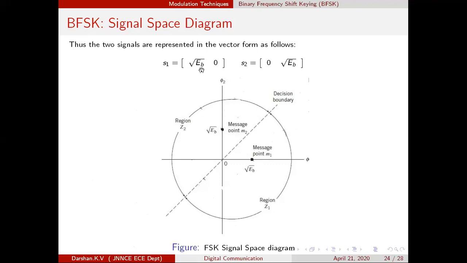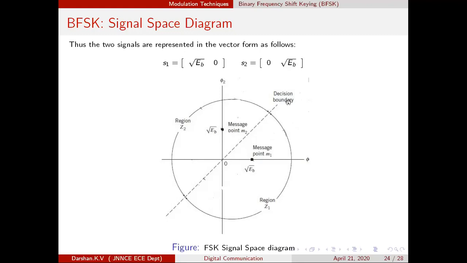So this S1 point vector is plotted as a point which is observed as message point M1. It has only one non-zero coordinate, the other coordinate is 0. In contrast, S2 is plotted over here. First coordinate itself is 0 and the other coordinate would be a non-zero quantity.